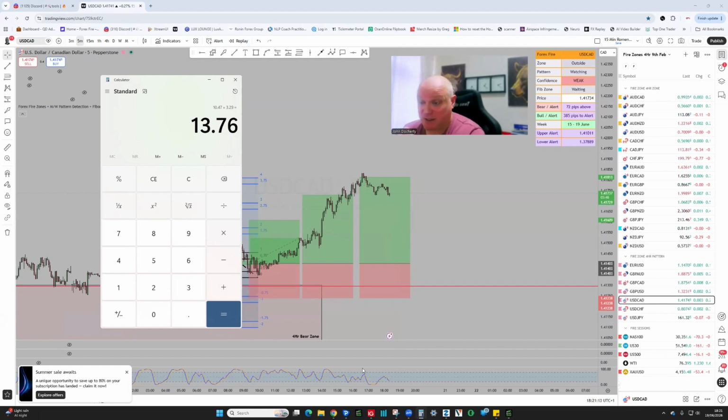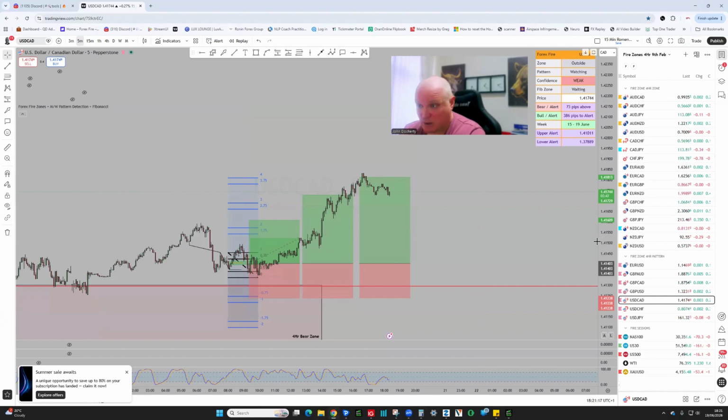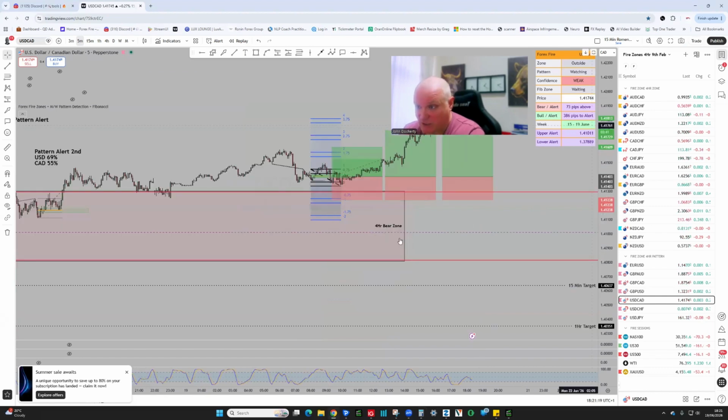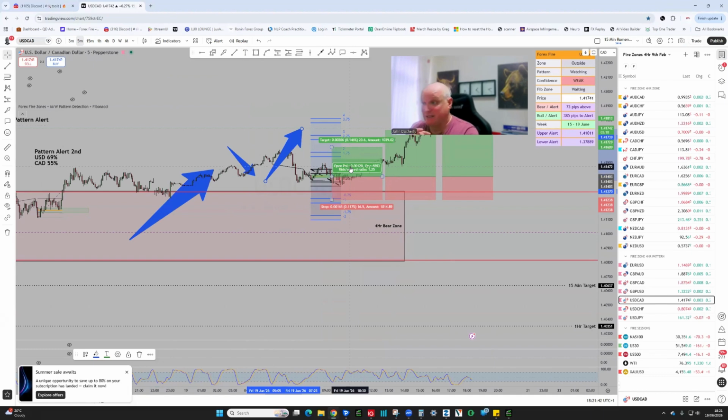If the currency strength is against me, and I do get a violation of either this bear zone or the bull zone, I know if I push past this, reverse and pivot on yourself, change the selling idea into a buying idea, because if we're breaking through that level, there's a reason why. It's because we are trying to make new liquidity to the buy side in this instance.